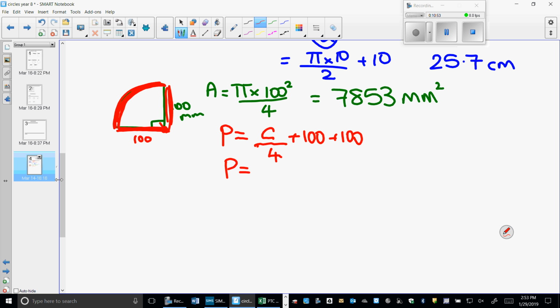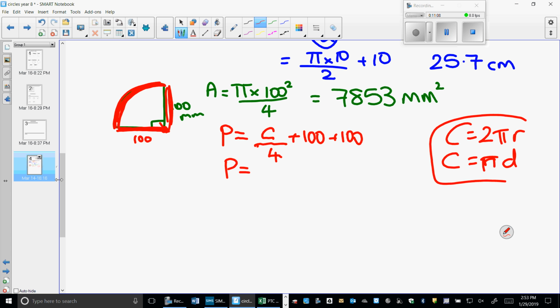Which one would you use? So you've got two choices, C equals 2 pi r or C equals pi d. Which one would you use for this question? Why would you choose that one? That's the correct one. Why would you choose it?